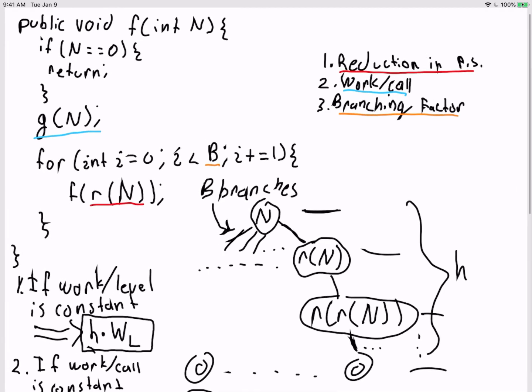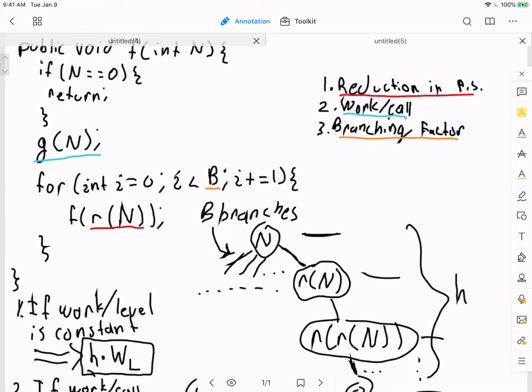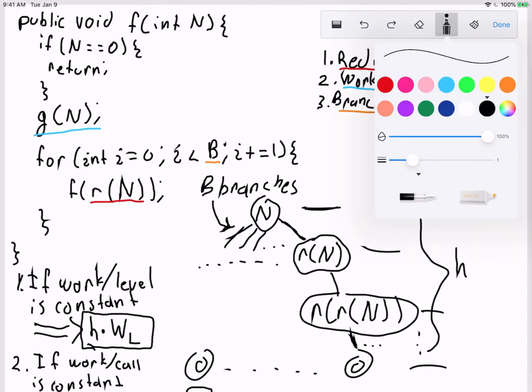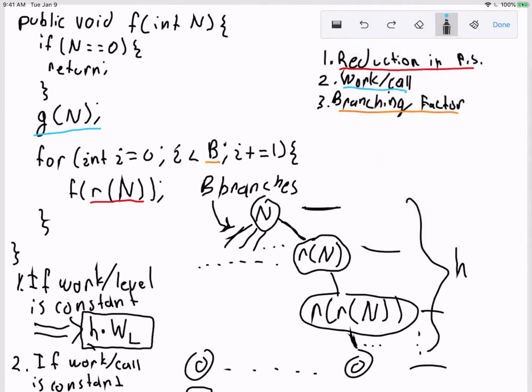Let's say that this is not quite equals, but is theta of n. Let's say it's linear time.